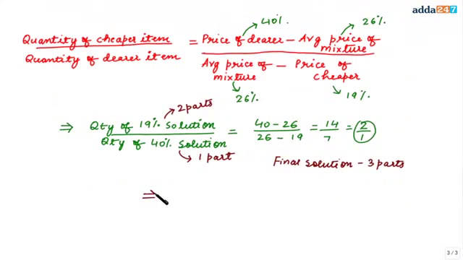This implies quantity of 19% solution is equal to 2 by 3 of the total solution.